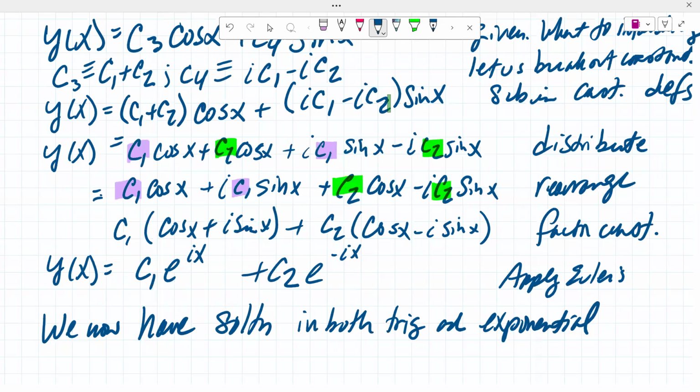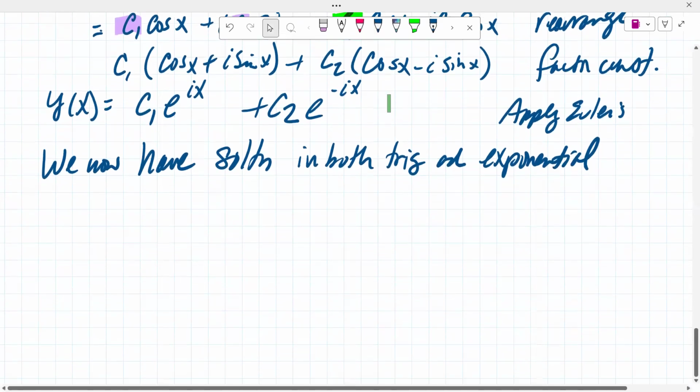So we could also just be explicit about the constants, because our C1 and C2 from our solution are actually C3 and C4 of page 40. So we need to just be very careful about that. So I'm just going to rewrite this.